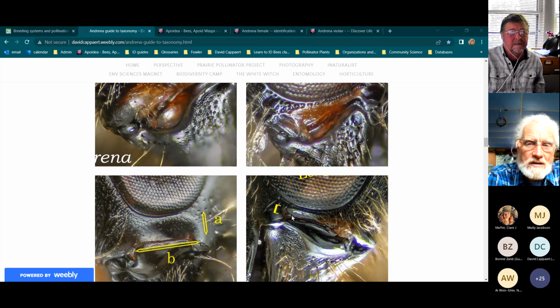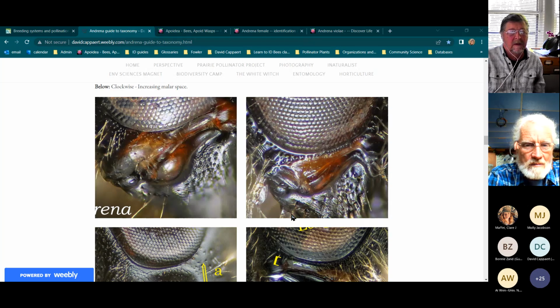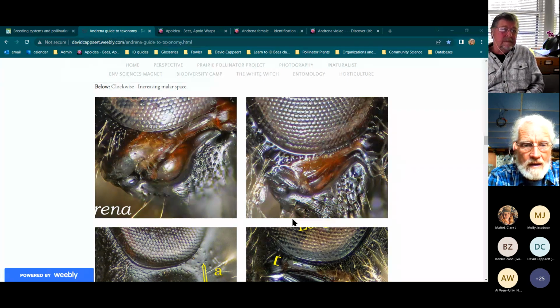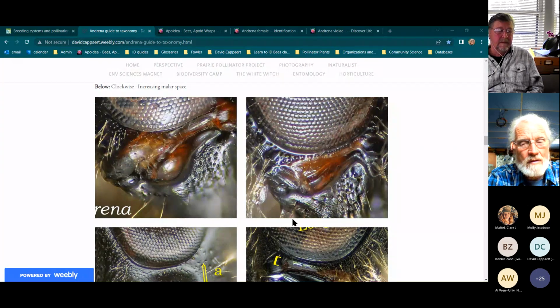I normally don't see that configuration, or that much of that brown amber color. So I would have a hard time myself defining the malar space in the first two from the pictures.